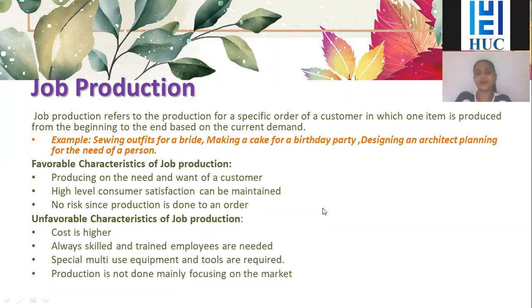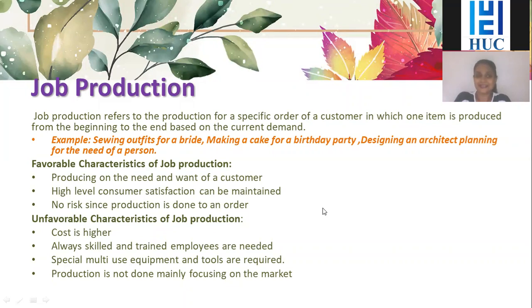Therefore, normally you can charge higher prices for your product. That is why bridal dressing and all is expensive: the reason is job production, right? So here we can add another favorable characteristic. You can charge higher prices, premium prices, same thing, no?